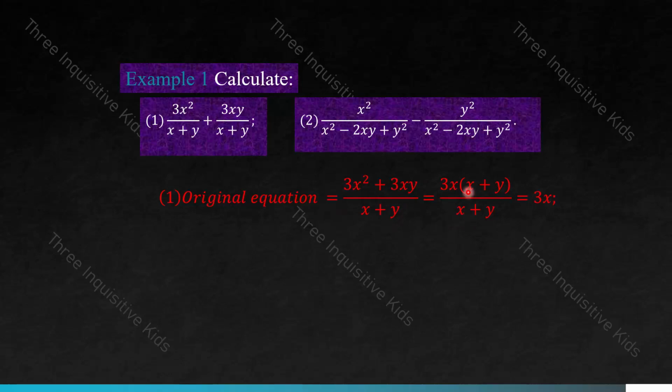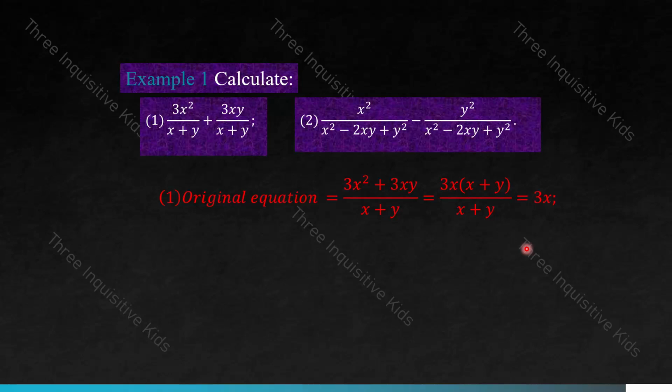After we remove the common factor from the top, we have 3x times x plus y. Now we can reduce the fraction. Using the basic properties of fractional expressions, we have 3x as our final answer. And now I want you to use the same steps to solve the second problem.